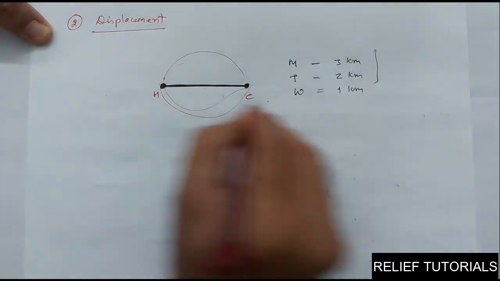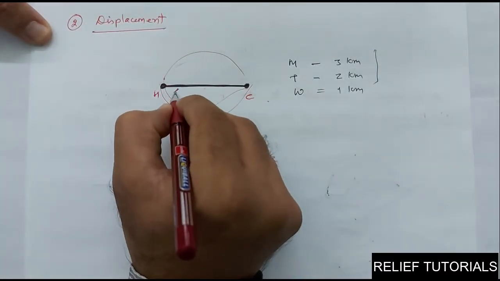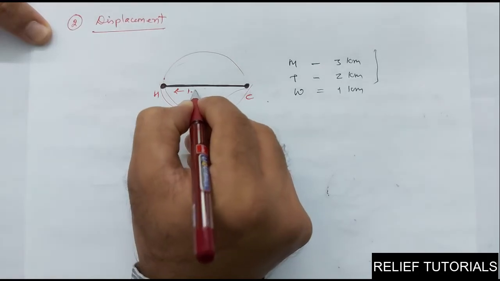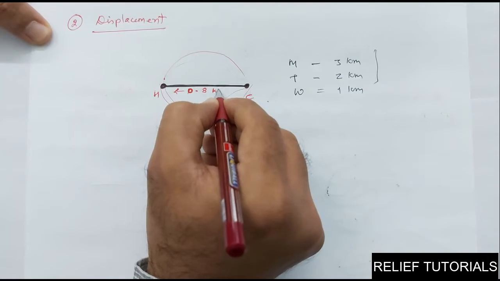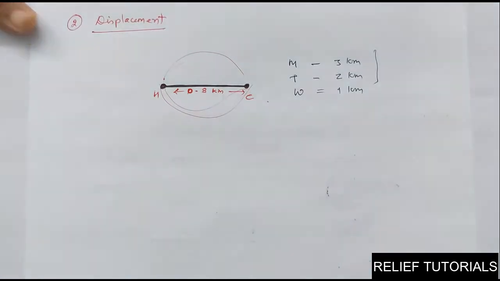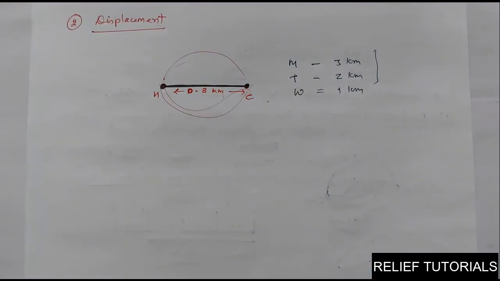Let us say the air distance or the straight distance between the two places, home to class, is 0.8 kilometer, for example, because it is the shortest one.